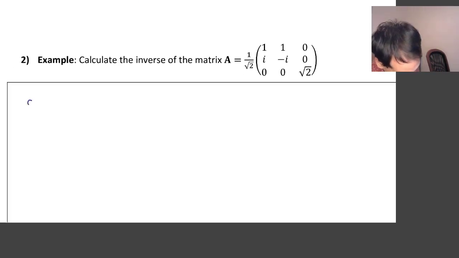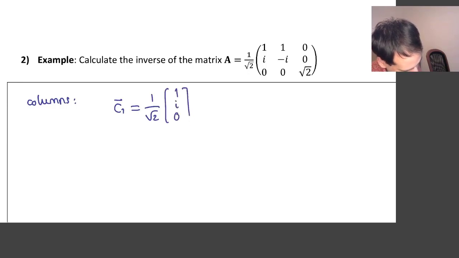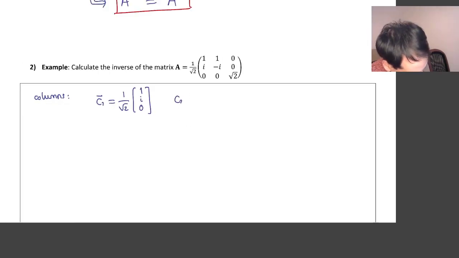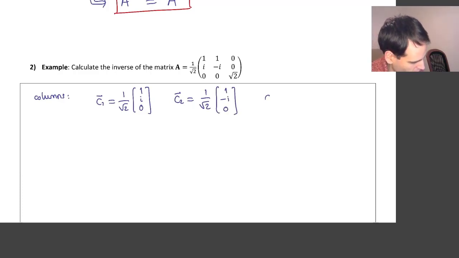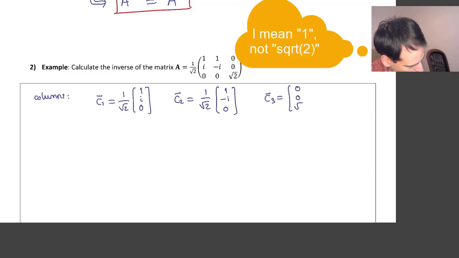So the columns of this matrix are, the first column is 1 over square root of 2, 1, I, 0. The second column is 1 over square root of 2, 1 minus I, 0. And the third column is equal to 0, 0, square root of 2.